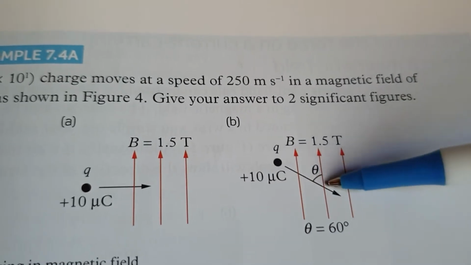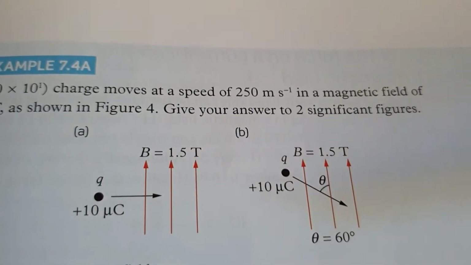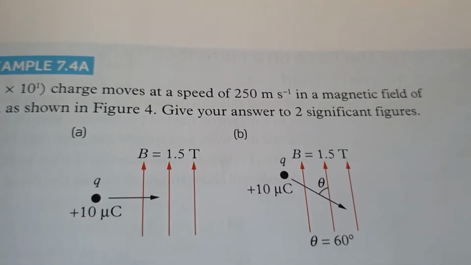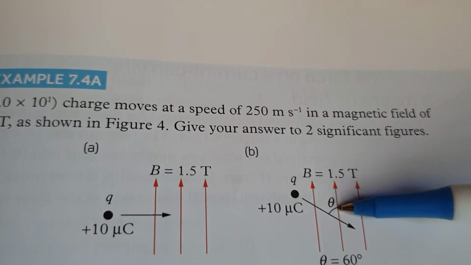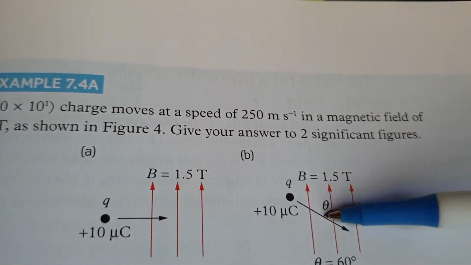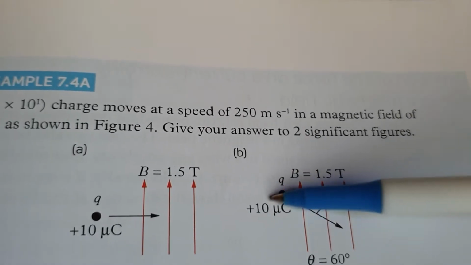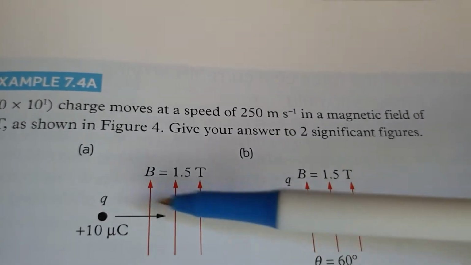This one here is at an angle. Remember there was a unit a little while ago about the angle of magnetic field lines. So the angle is measured here, the angle to the field. That is not going to produce the same amount of force as this would.